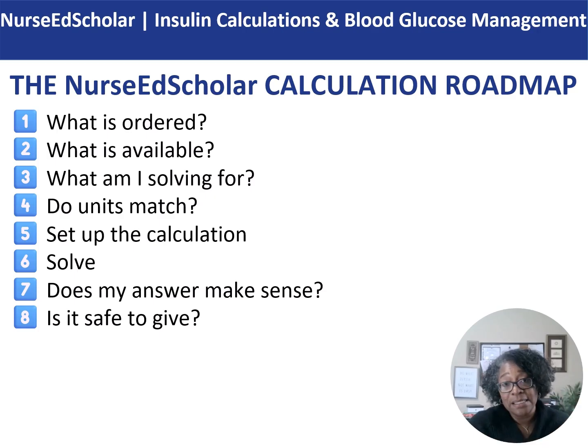Does the amount of insulin that I'm about to give my patient actually match the patient's presentation at that moment in time? Because if not, it's not going to be safe. It's going to come up in a little bit, and I'll explain more of what I mean.